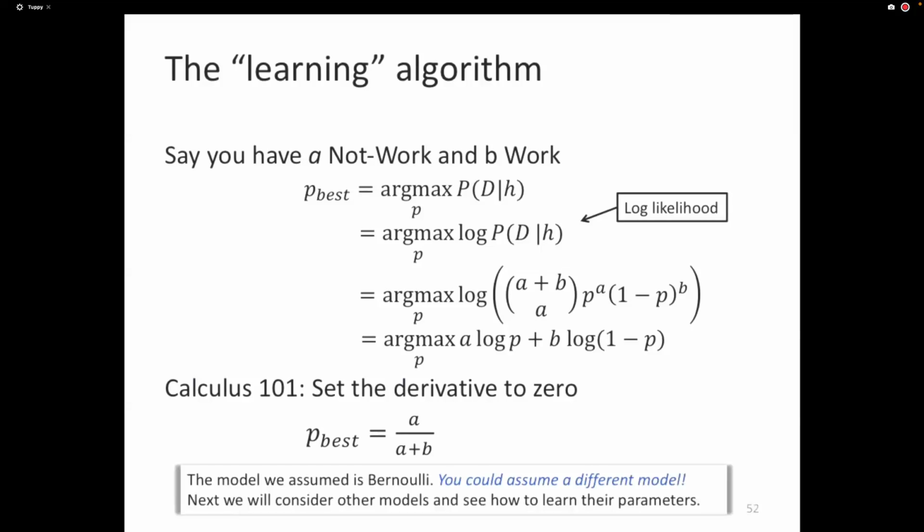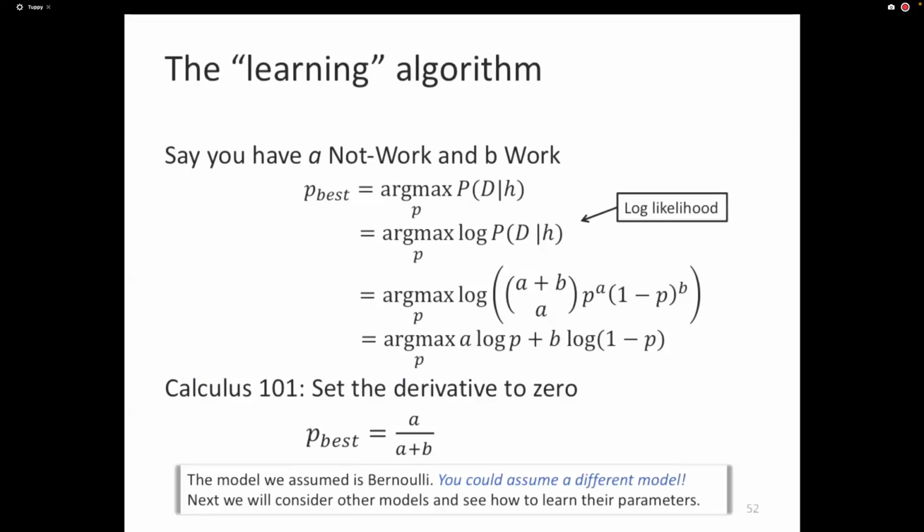Now, there are many assumptions that have gone into this. I've assumed here that the model that generates the data is the Bernoulli distribution. You could have assumed a different model. You could have assumed other factors that play into this.